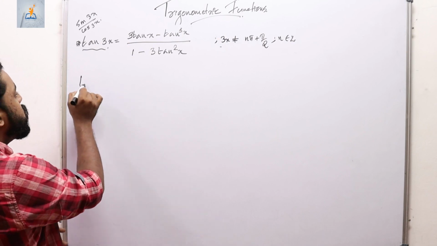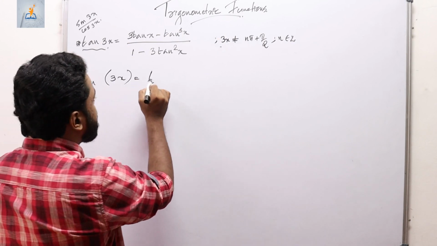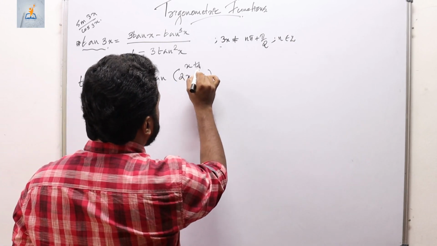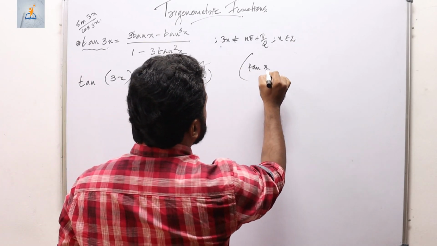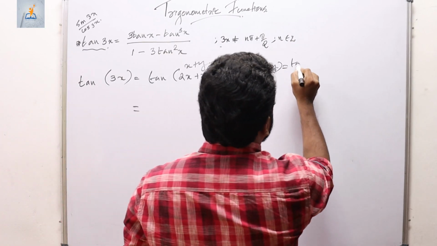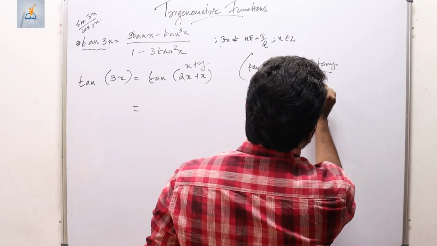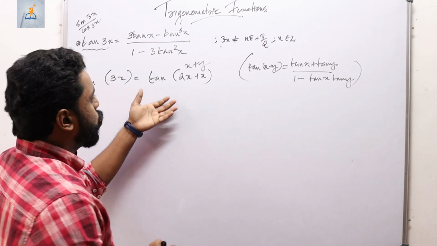Now again, as we have done before, we can reduce tan 3x is equal to tan 2x plus x, which is of the form tan x plus y. We know that tan x plus y is equal to tan x plus tan y divided by 1 minus tan x tan y, isn't it? So let me substitute those things here.